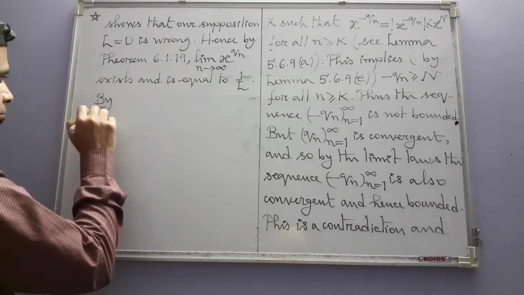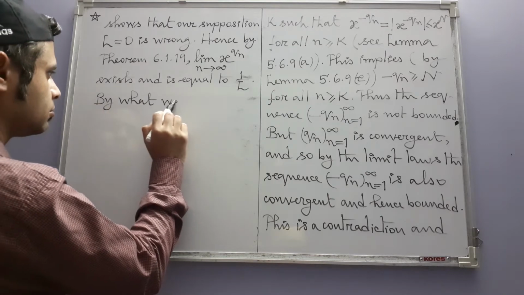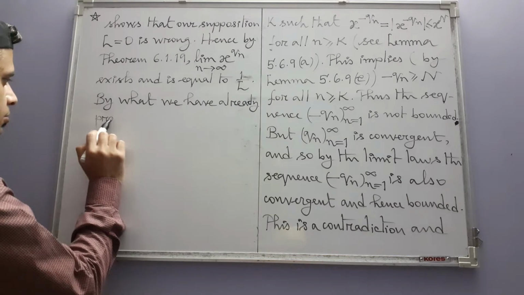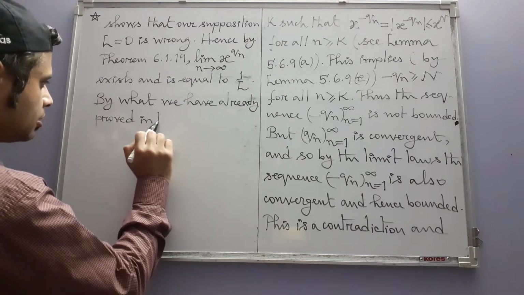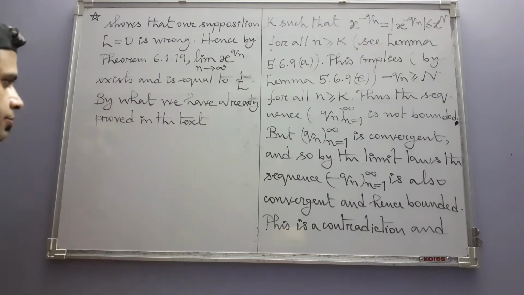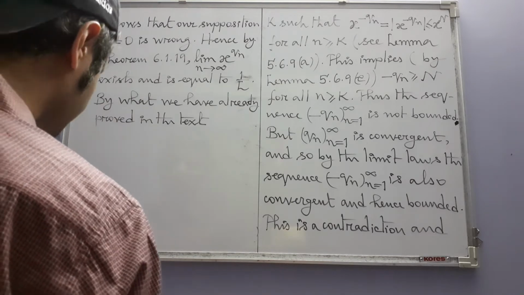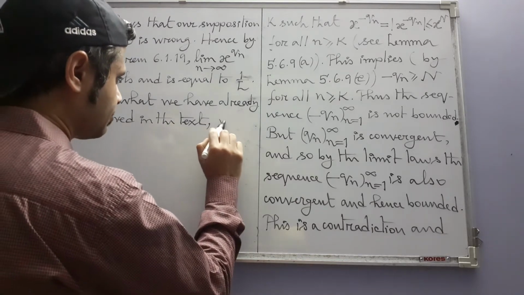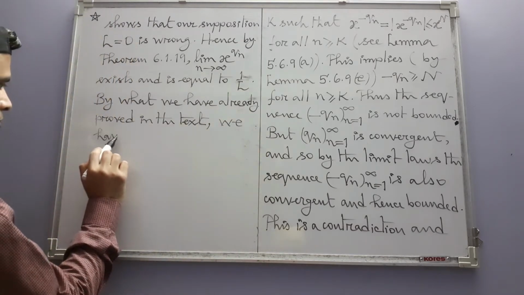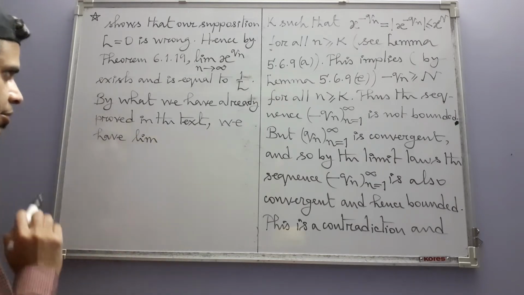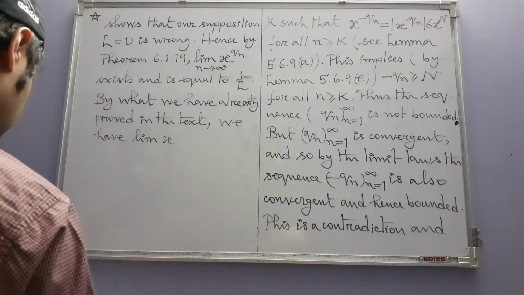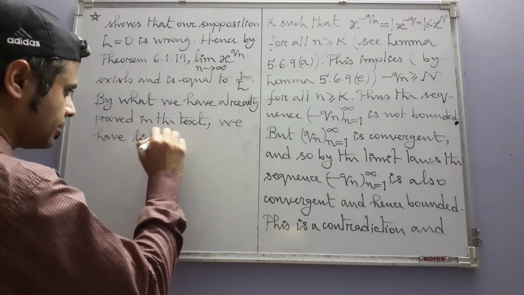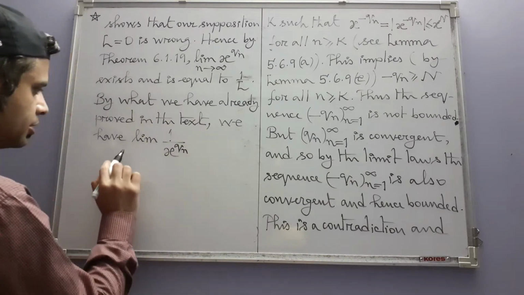By what we have already proved in the text of the lemma, we have limit of x to the power qn, or okay, instead of doing it directly, let us consider this.